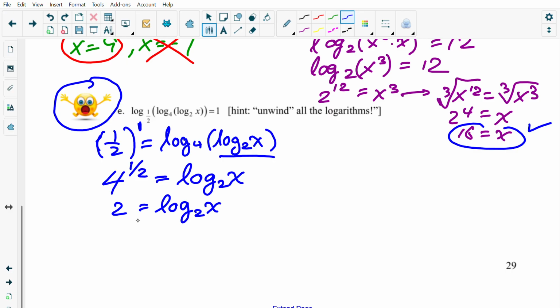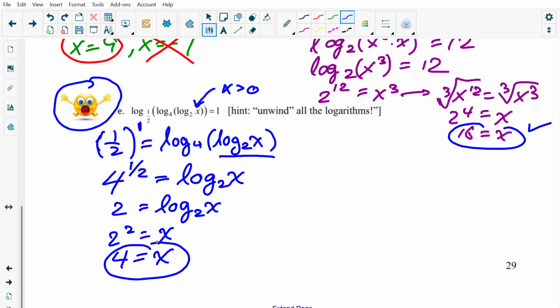One more time, 2 raised to exponent 2 equals x, 4 equals x. And you know what? I forgot to do the restrictions again here. X must be greater than 0, and 4 is definitely greater than 0. Okay, so the solution has a defined log.